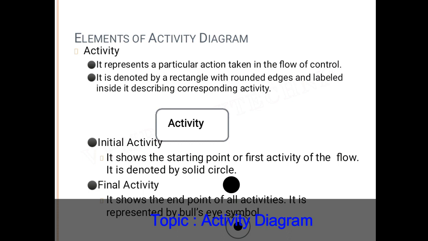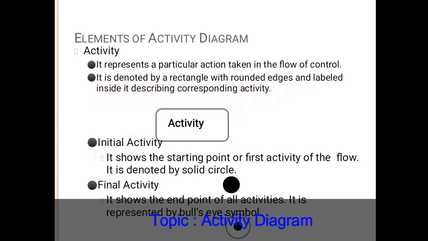The first symbol denotes an activity. We write the activity within this type of rounded edge rectangle. It represents a particular action taken in the flow of control, and it is denoted by a rectangle with round edges, labeled inside to describe the corresponding activity.